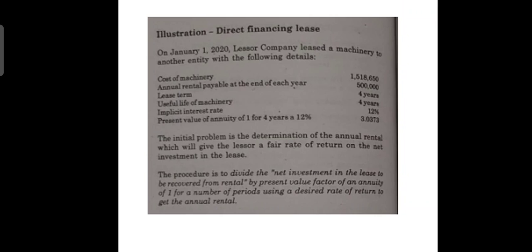The initial problem is the determination of the annual rental, which will give the lessor a fair rate of return on the net investment in the lease. The procedure is to divide the net investment in the lease to be recovered from rental by the present value factor of an annuity of 1 for a number of periods using a desired rate of return to get the annual rental.